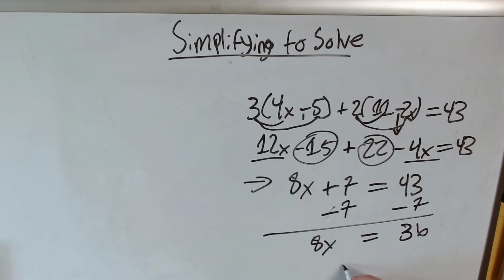Then we're going to divide by 8. Get x equals 36 over 8. So we can simplify that. Divided by 4, that's 9 halves, which is our answer.